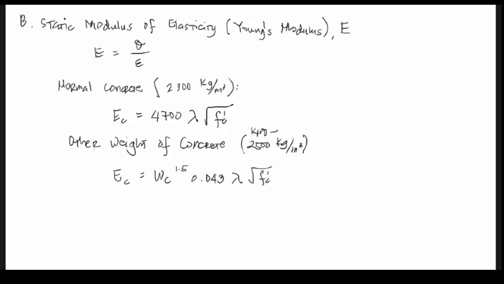Ayan. Wherein the value of lambda according to NSCP is equals to 1.0 for normal weight of concrete, and lambda is equals to 0.75 for other.